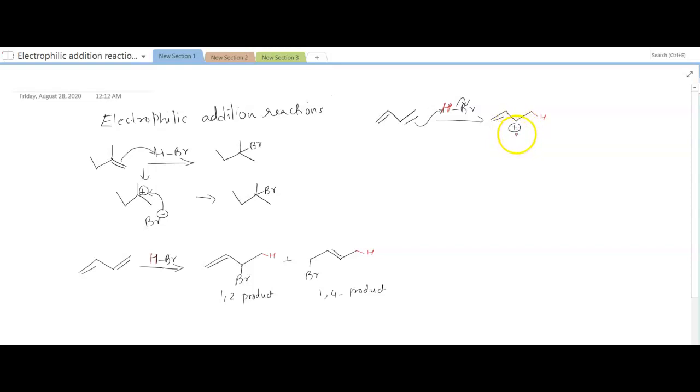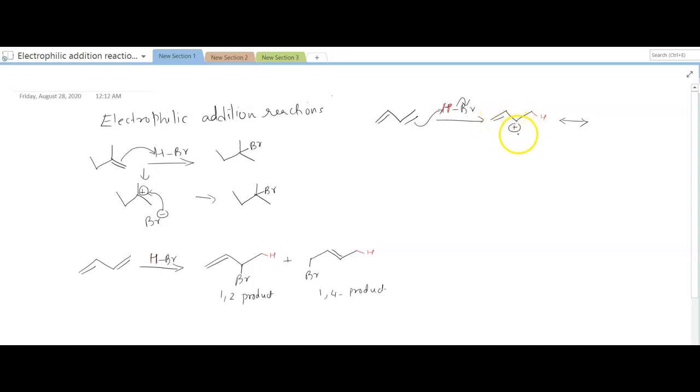But remember that when you have a pi bond close to a positive charge, this species can exist in a resonance form. This is an allylic carbocation: a carbocation formed right next to a carbon atom bearing a double bond.